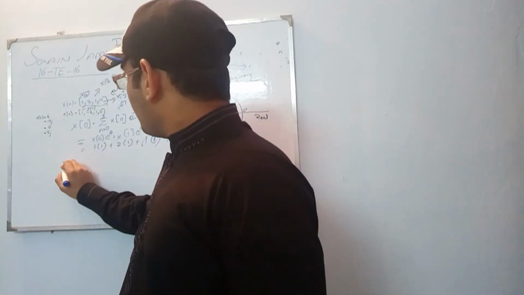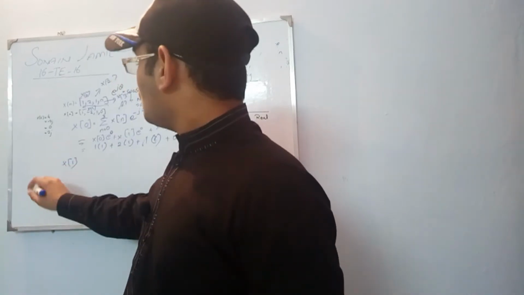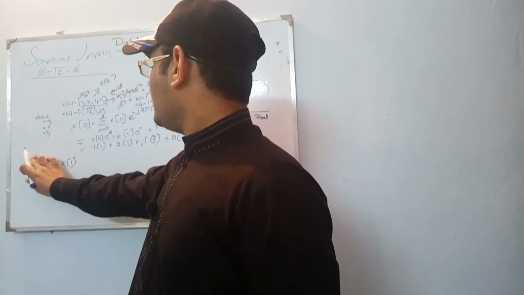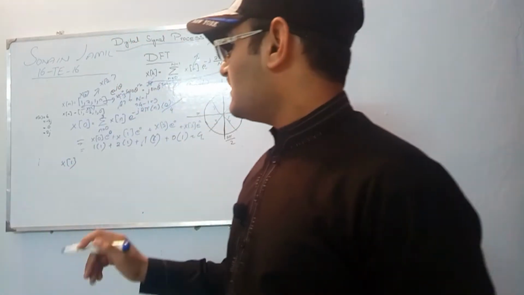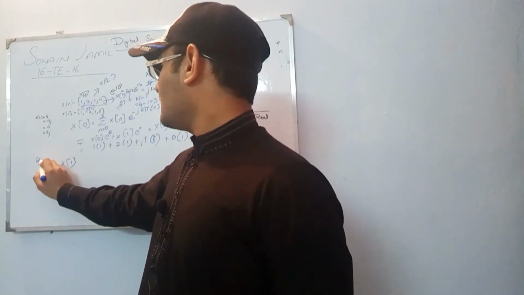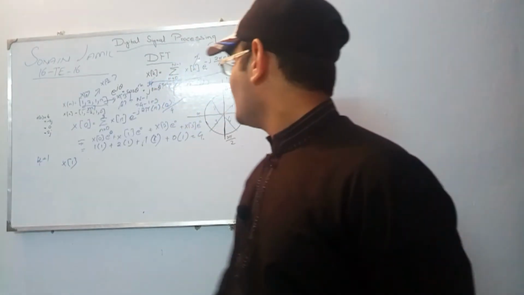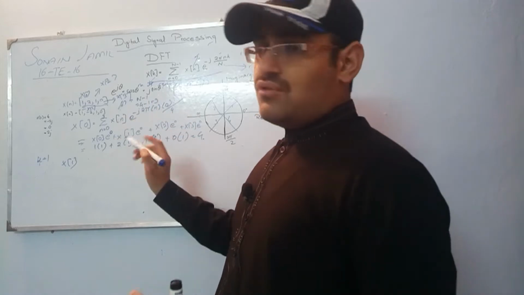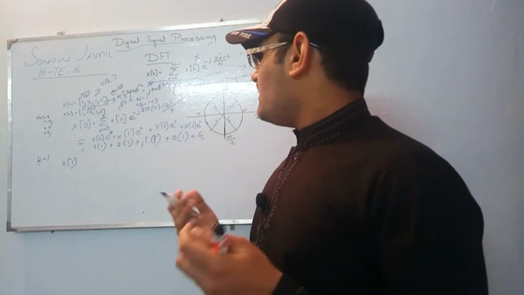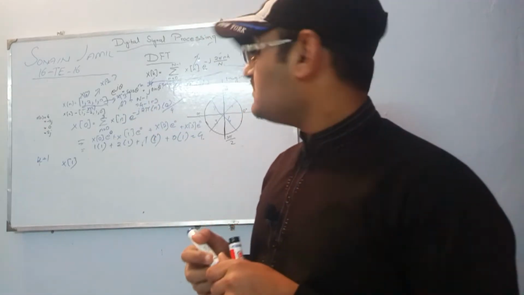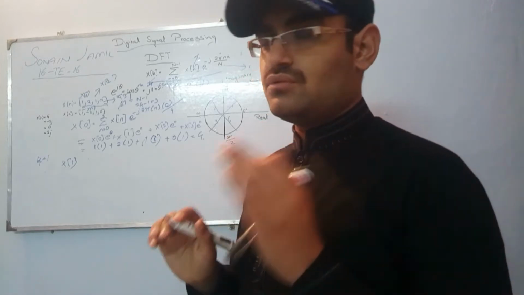Similarly, if I want to find the value of X of 1 when k is equal to 1: for 4 samples we have the frequency domain samples from 0 to 3.